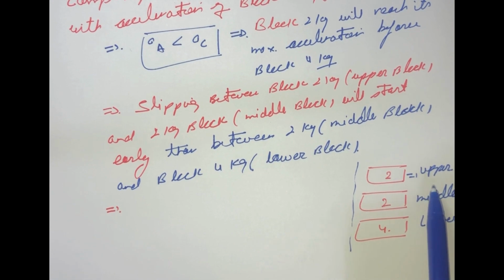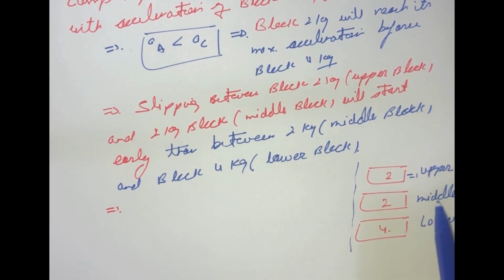So as the slipping between upper and middle will start early, it means this middle and lower will be traveling together a little bit more as compared to the upper block.